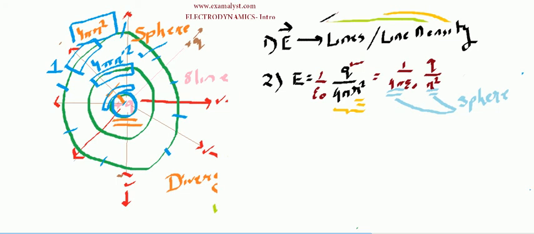Some people argue why there is an r square. The reason is that we are dealing with 3D, and in 3D the value of the lines decreases as per the sphere. If you take it 2D, then you should consider circles. Let me give an example. Remember centripetal force from your first year. Centripetal force is given by m v square by r.